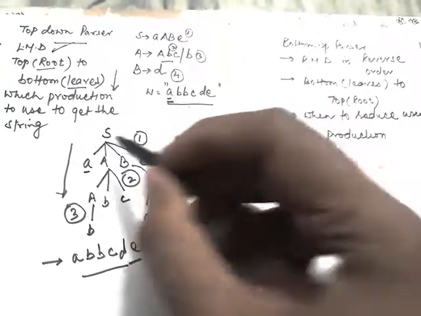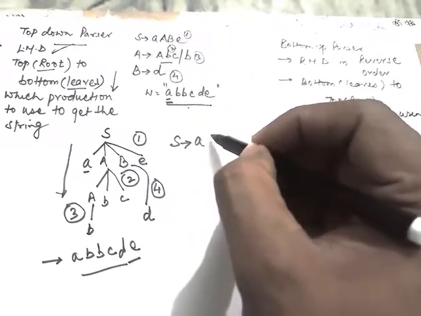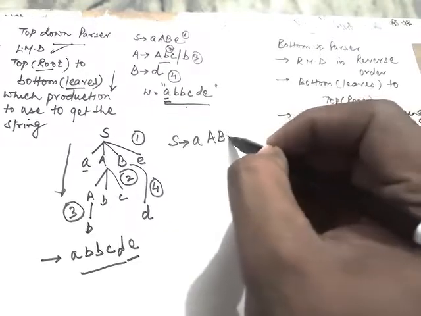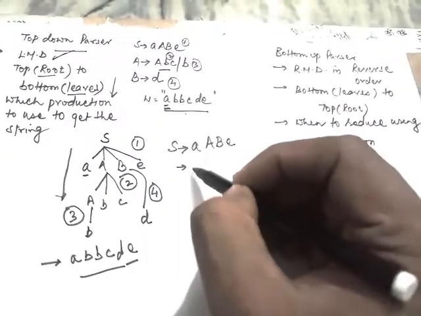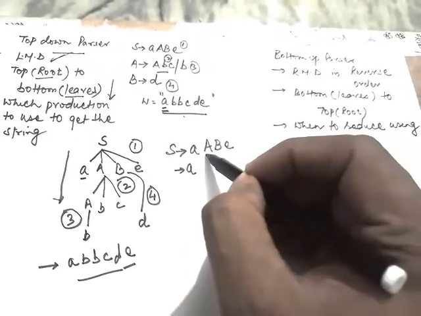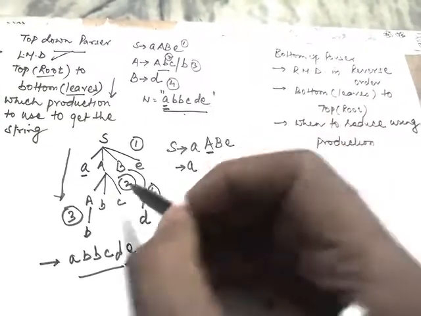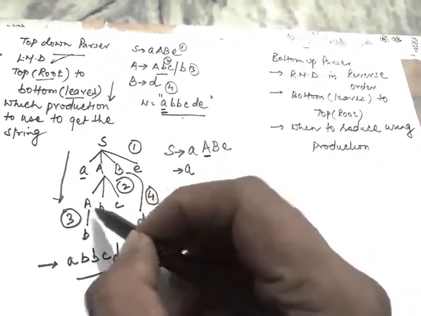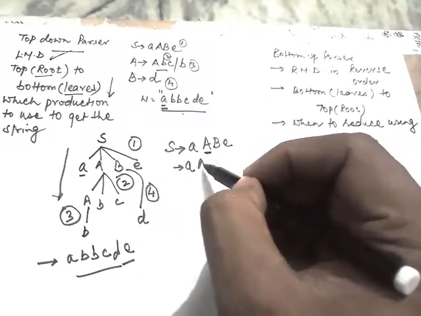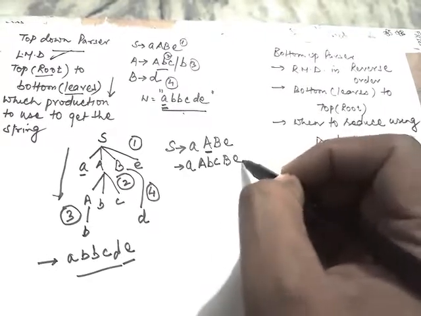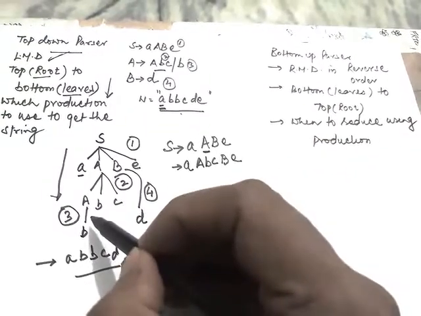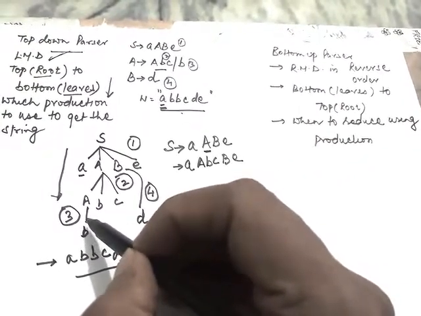S generate A, B, E. Now again you scan from left to right. This is a terminal, it is okay. Now instead of this A, you have written A, B, C. So you expand to A, B, C, B, E, and then you have used production number 3.